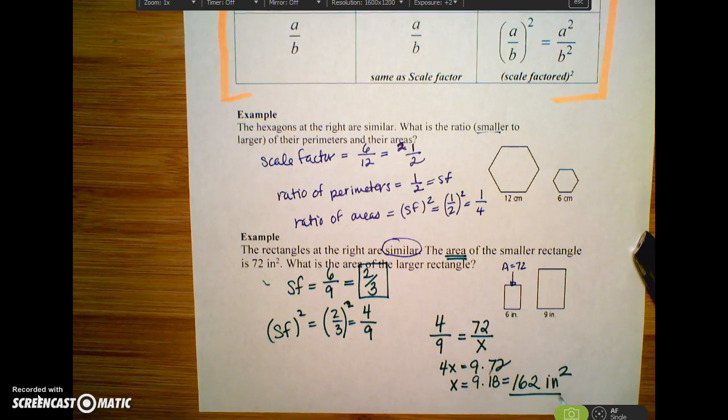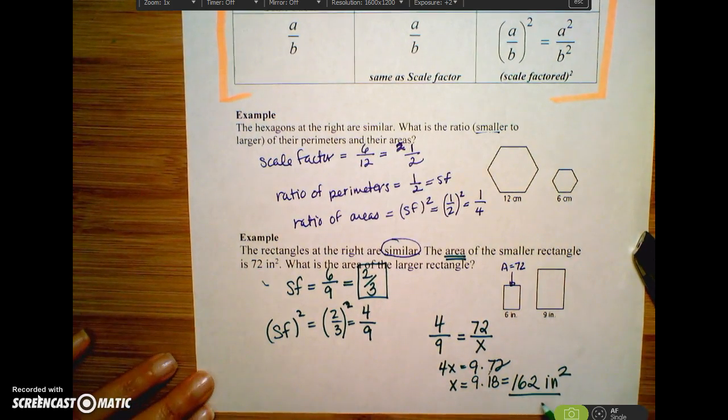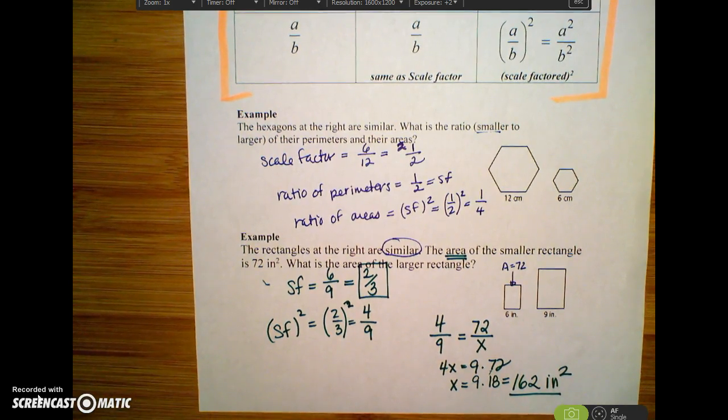Okay, so there's our answer for our area. It's 162, and don't forget the units. They are square inches. Okay, we are going to move on to more examples on page 2.